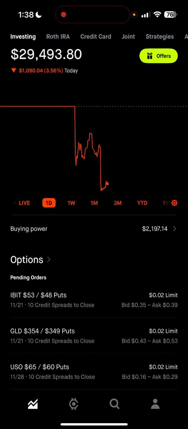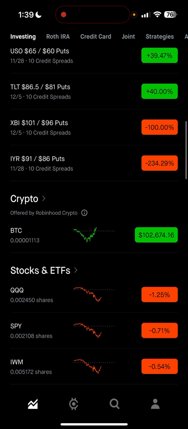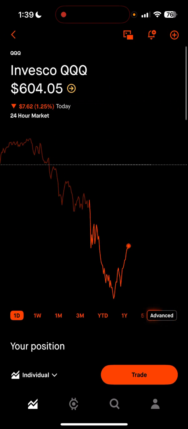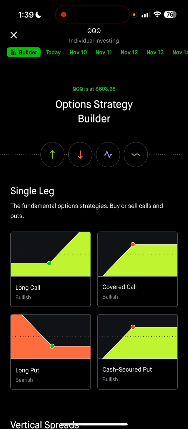So here's the Robinhood account. You can see the buying power is 2,197. So if we scroll down to make an example trade, let's say of QQQ, let's do a standard trade. We're going to go out 28 days.